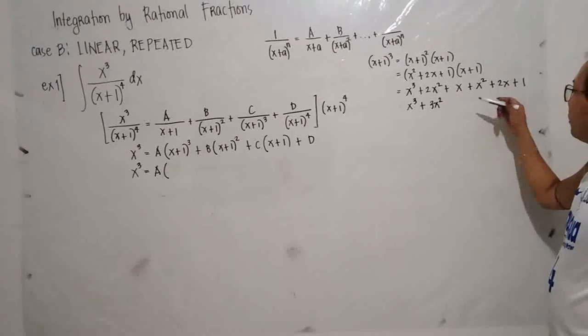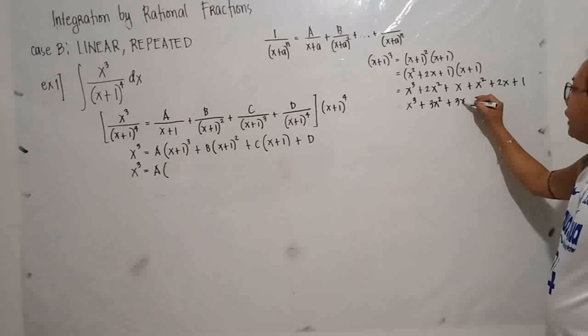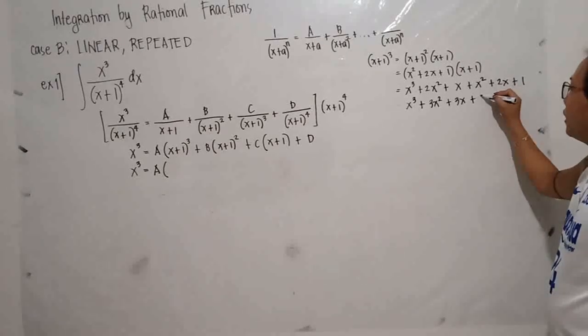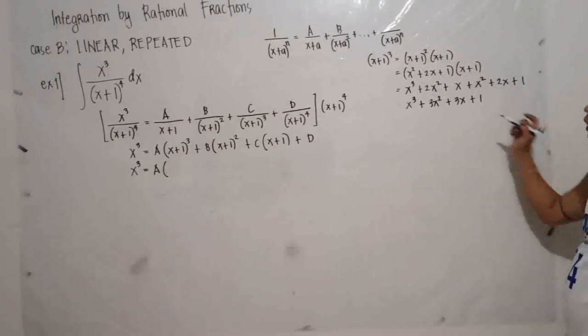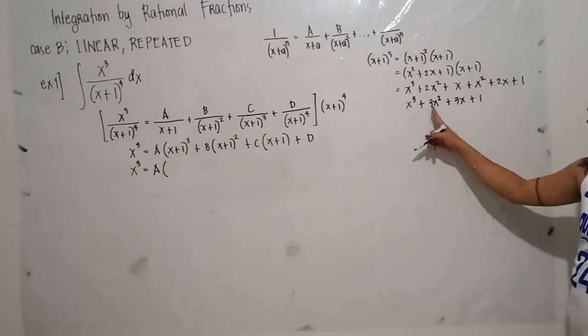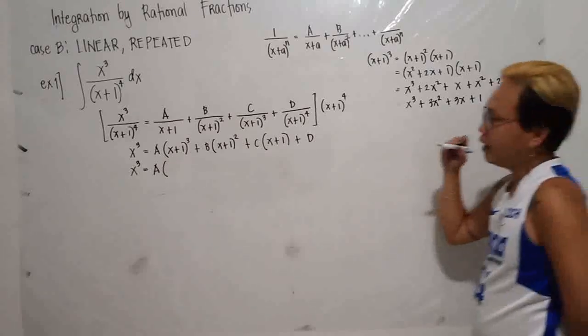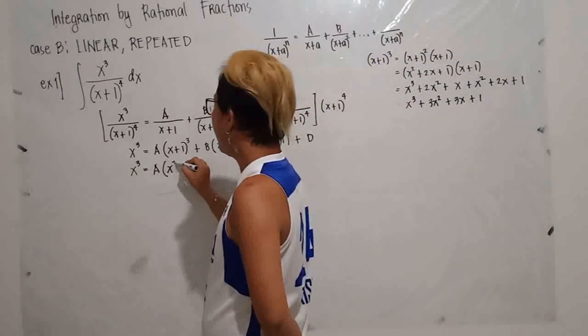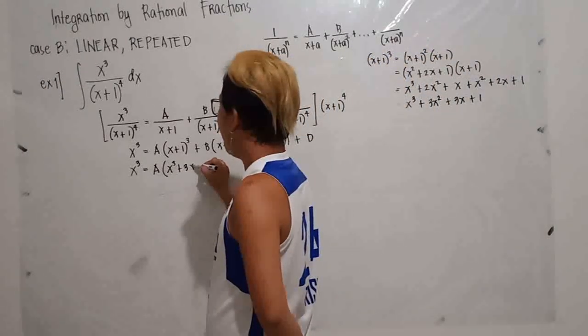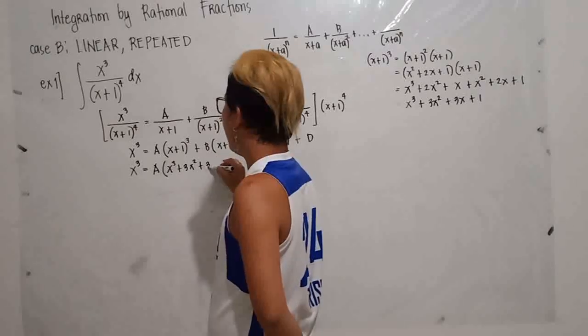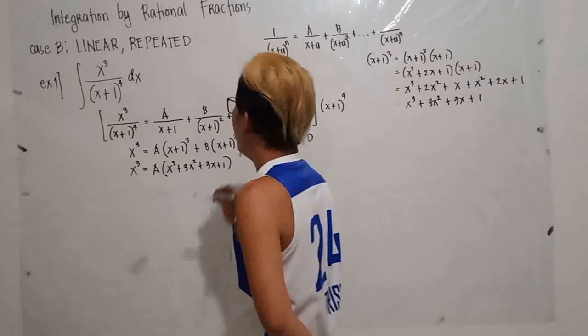Then the next term is plus 3x. Then the last term is 1. So instead of using x plus 1 cubed, we will use x cubed plus 3x squared plus 3x plus 1.